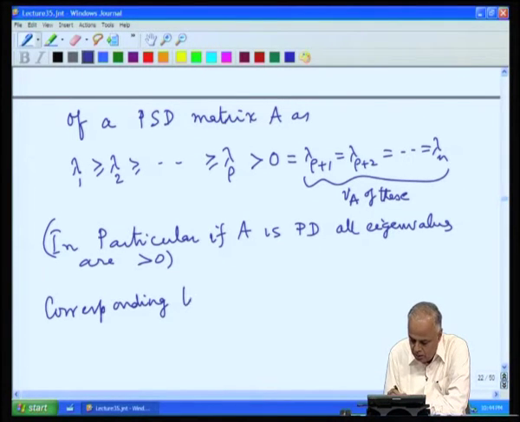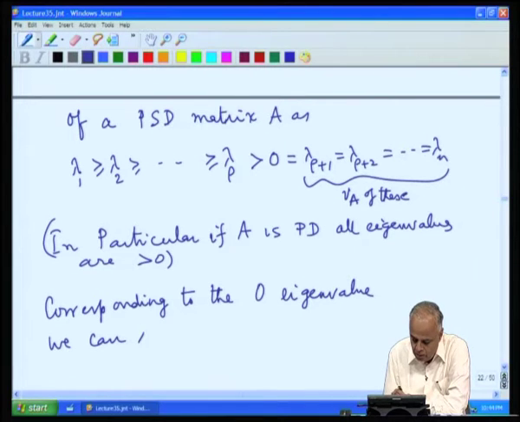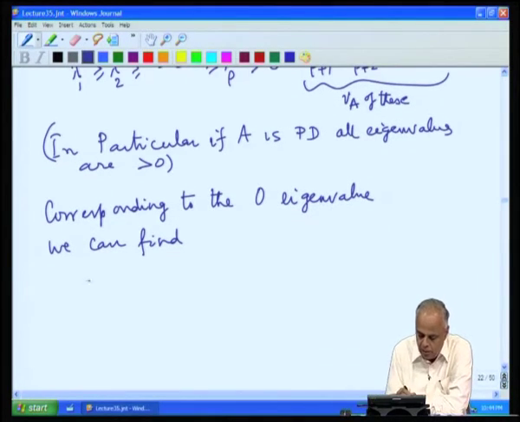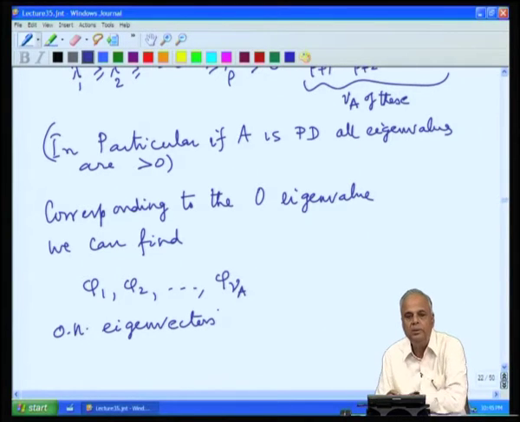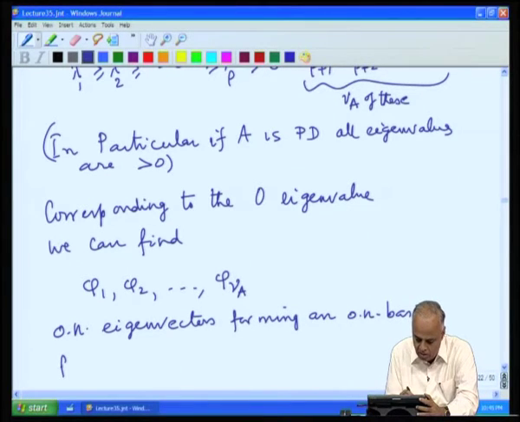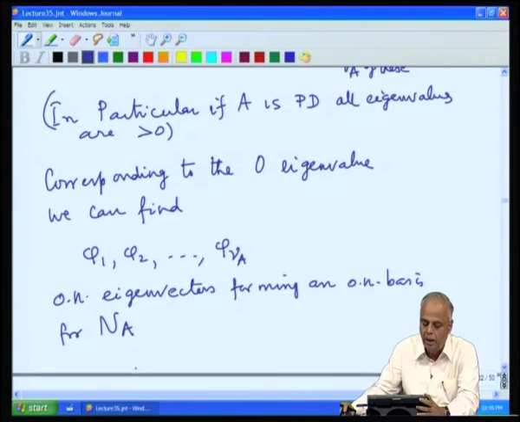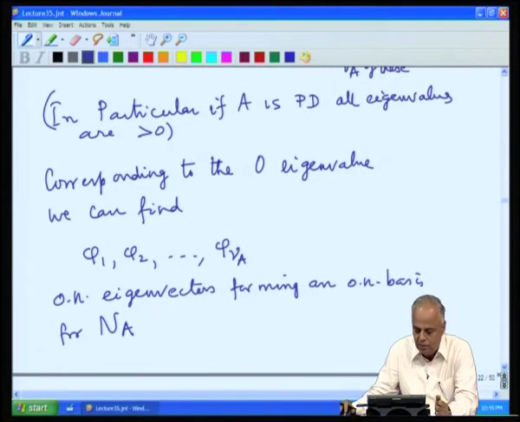Corresponding to the 0 eigenvalue, since multiplicity is nu A, we will find nu A orthonormal eigenvectors, which I will write as phi 1, phi 2, up to phi nu A. Since these are eigenvectors corresponding to the eigenvalue 0, they form an orthonormal basis for the null space of A. So, the eigenvectors corresponding to the eigenvalue 0 will give us an orthonormal basis for the null space of A in the case of positive semi definite matrices.